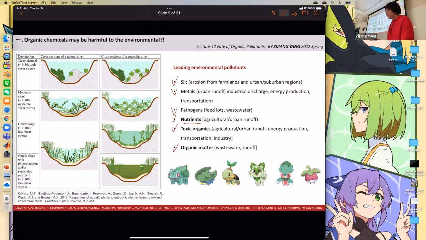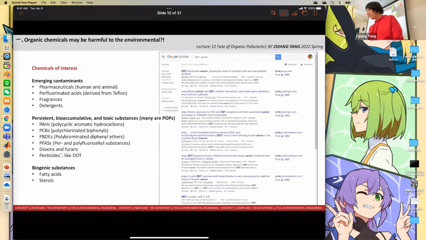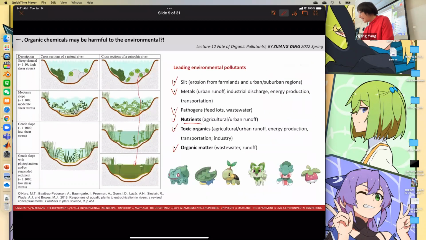But now we know that if an environment has lots of nutrients, then the biodiversity will decrease. So this is bad for the environment. And we can also see that half of these leading environmental pollutants are related to organic chemicals.